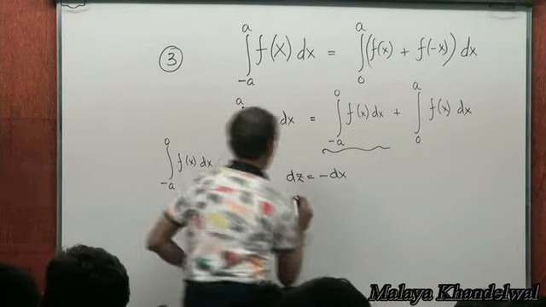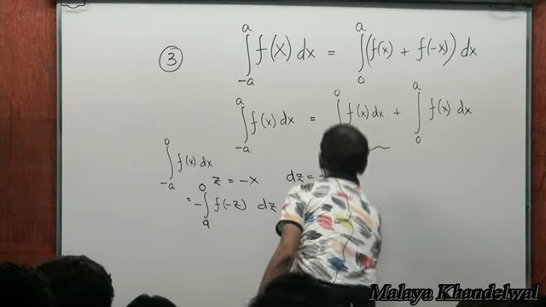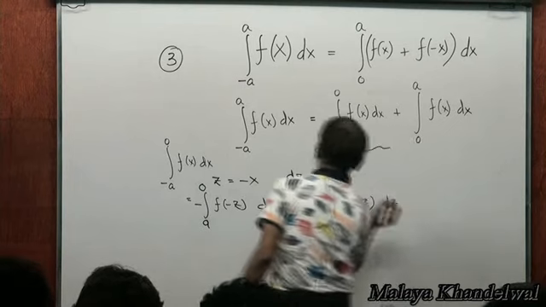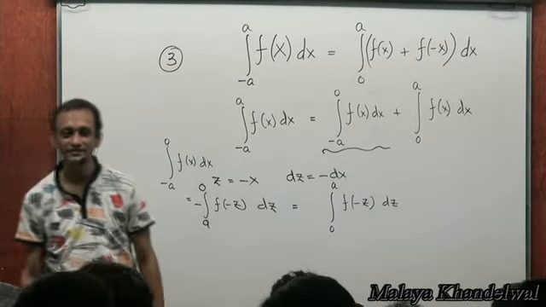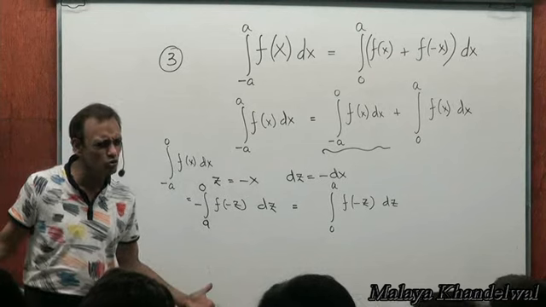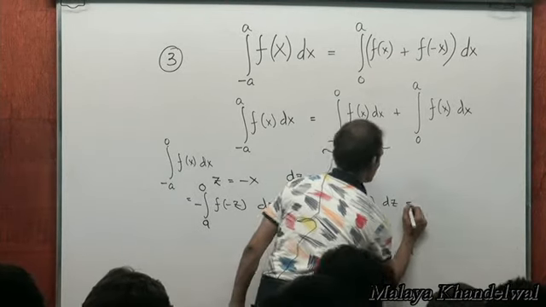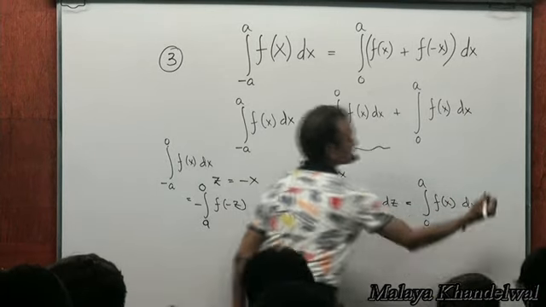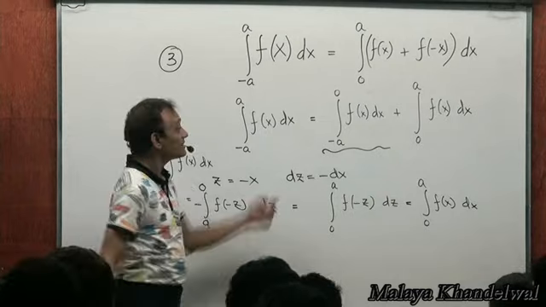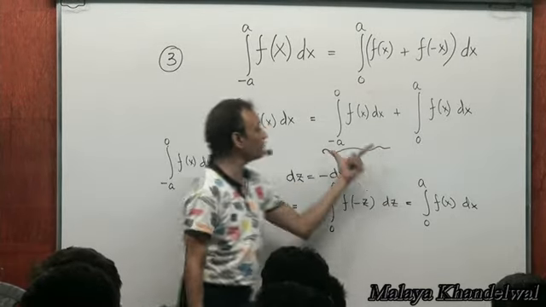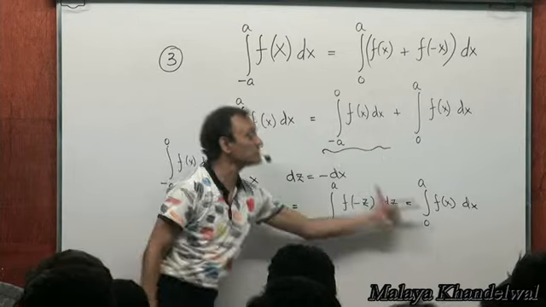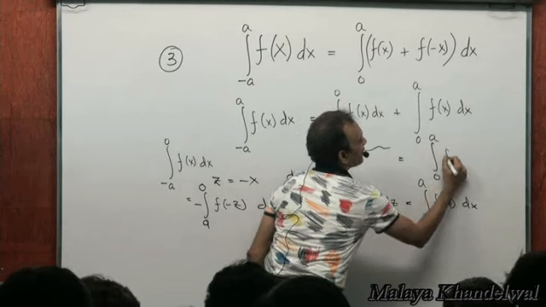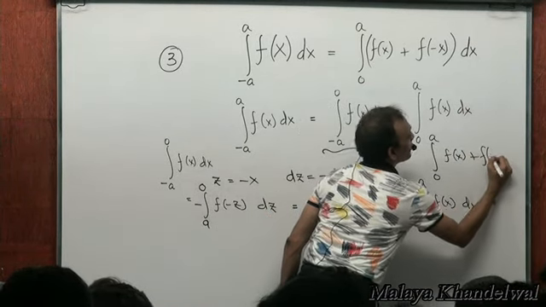Interchange the limits: 0 to a f(minus z) dz. I don't want z here, replace z by x, who cares. So this part becomes 0 to a f(x) dx. And the sum of these integrals will be the integral of the sum, 0 to a f(x) plus f(minus x) dx.